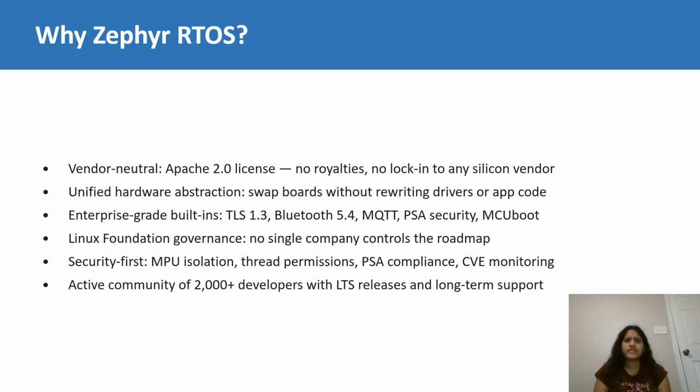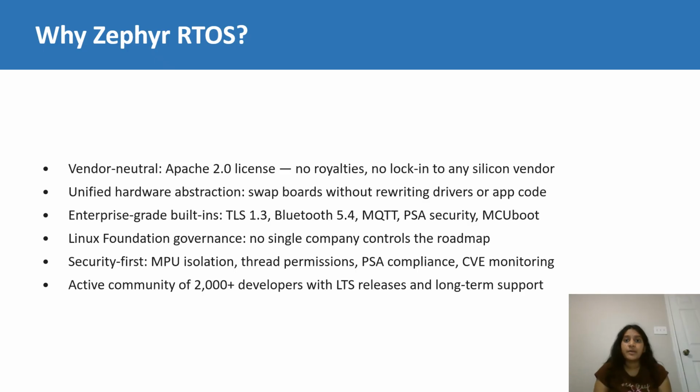Okay, why Zephyr OS? So why choose Zephyr over dozens of other RTOSs out there? First, it is vendor neutral. The Apache 2.0 license means no royalties, no lock-in. Second, it has a unified hardware abstraction. You write your code once and can swap the target board without rewriting a single line of driver code.